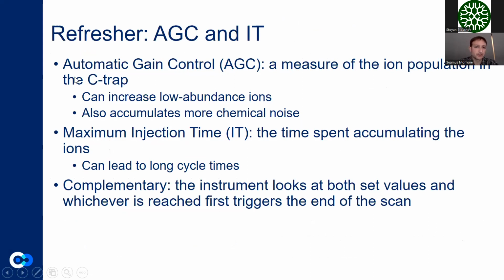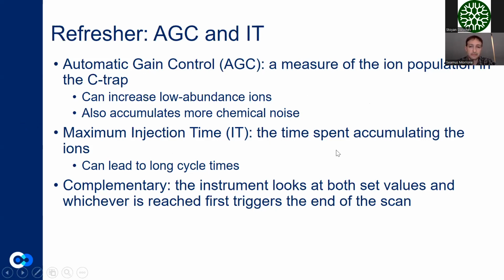So just as a refresher, automatic gain control is a measure of the ion population in the C-trap that accumulates and is then sent for analysis to the Orbitrap. You can increase or decrease the amount of ions by controlling this value, but conversely, you can also accumulate more chemical noise as well as other dangers. So it's important to choose a good value for this.